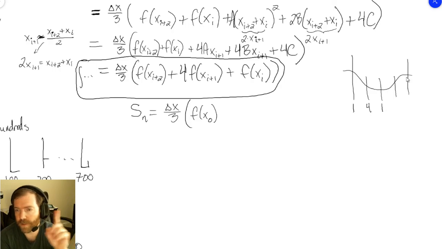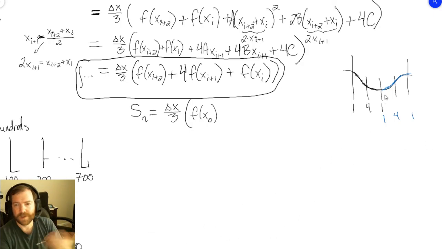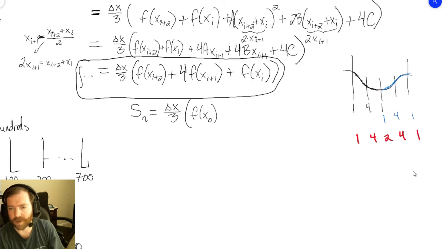Then the next 2 subintervals, which are here and here, give us another 1, 4, 1 pattern. So what does that get us in total? That's going to be a 1, 4, 2, 4, 1.